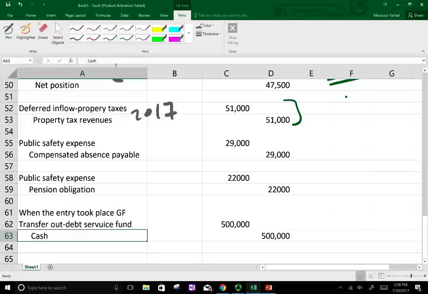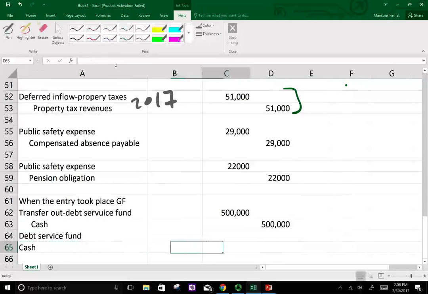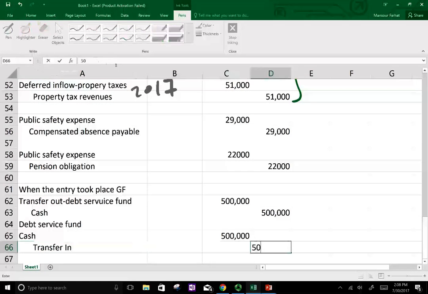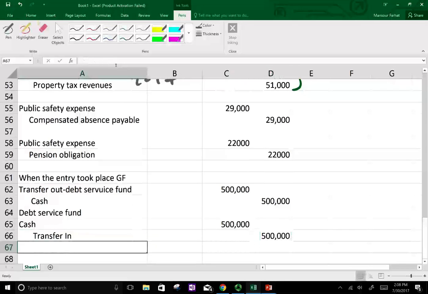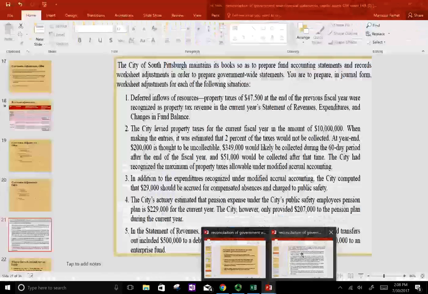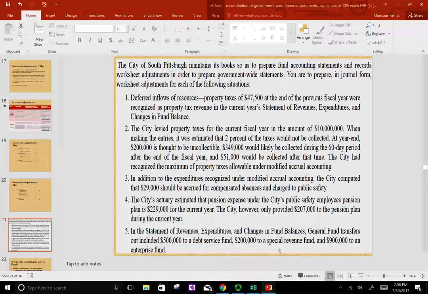Now, what did the debt service fund do? They debited cash $500,000 and credited transfer in $500,000.